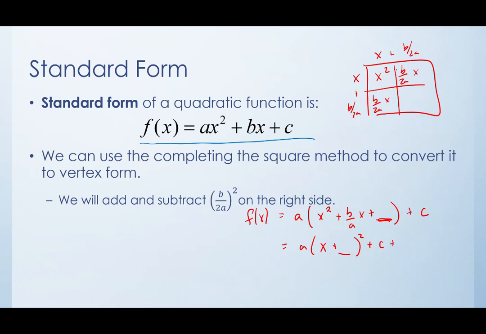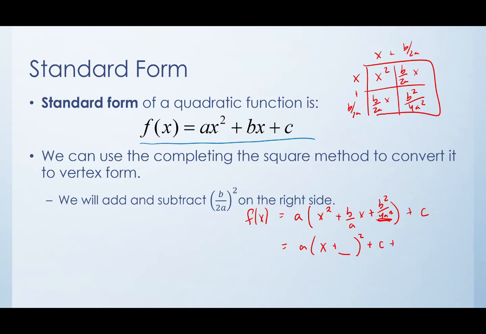So does that work out? That gives me x times b over 2a, that's going to be b over 2a x. Add those two on the off diagonal, add together, gives me b over a x. And then what I've got to add to both sides is going to be what? b squared over 4a squared.